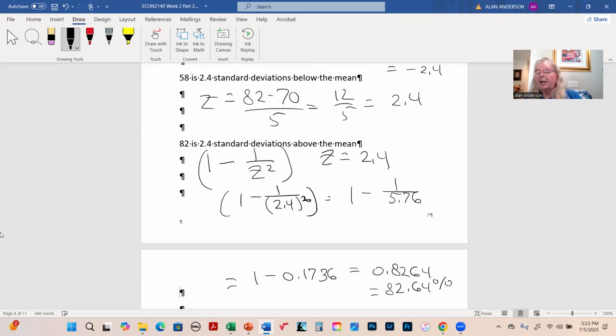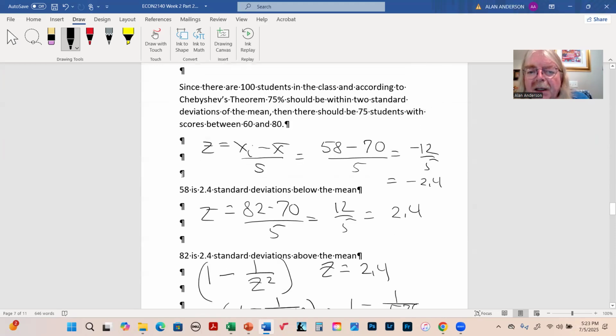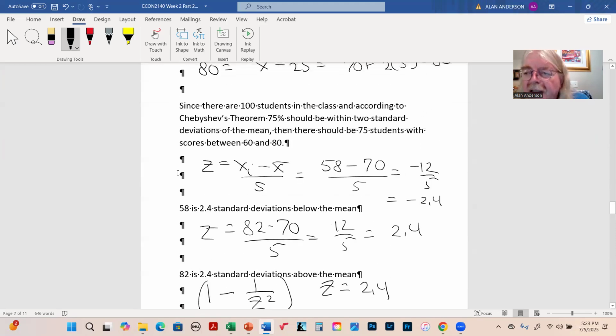And so Chebyshev is telling us that that's the percentage of the class that should be between 58 and 82, because that's 2.4 standard deviations away from the mean.